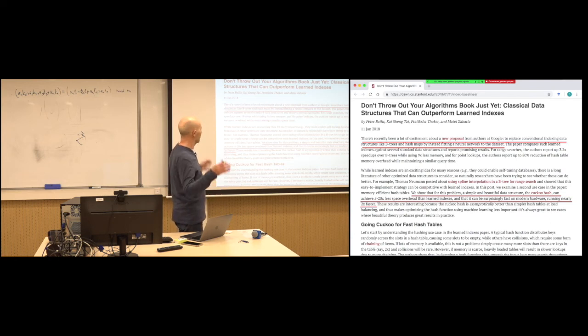This is to illustrate that, precisely, I put this slide. I don't know how convincing it is, but I just found this. Everybody is talking nowadays about machine learning and neural networks and deep learning. So there was a proposal from people from Google to use machine learning to replace data structures.